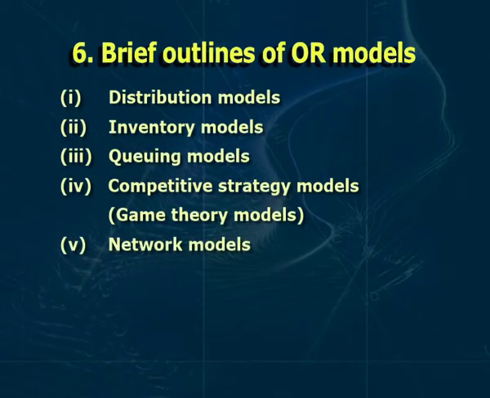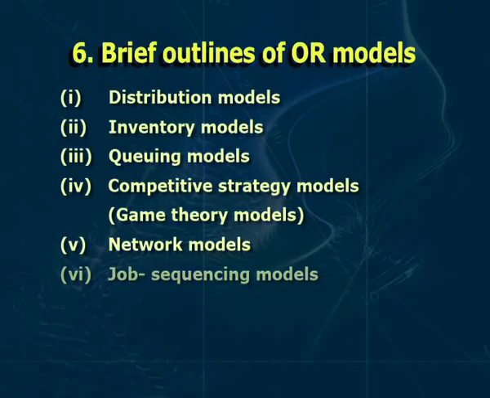Number 5. Network models. These models are useful in large projects involving complexities and interdependencies of activities. Project evaluation and review technique, which we call PERT, and critical path method, which we call CPM, are used for planning, scheduling and controlling the project. Number 6. Job sequencing models.